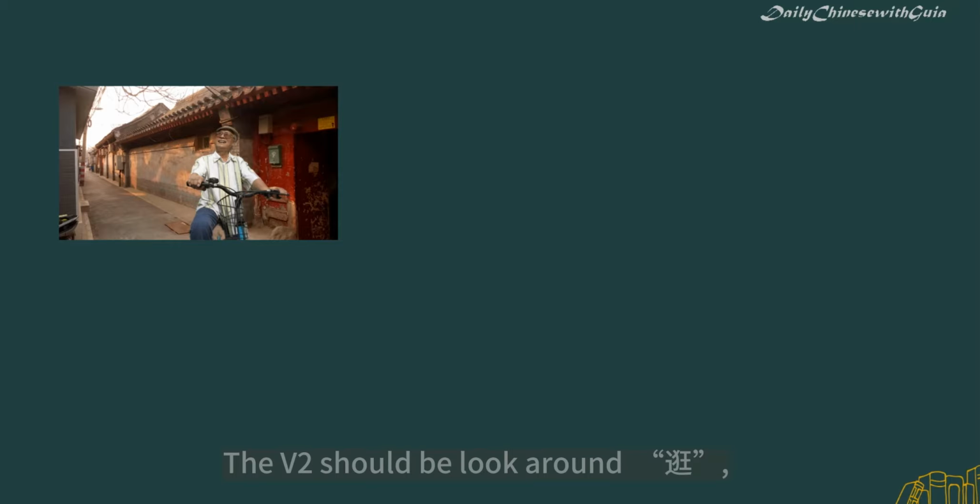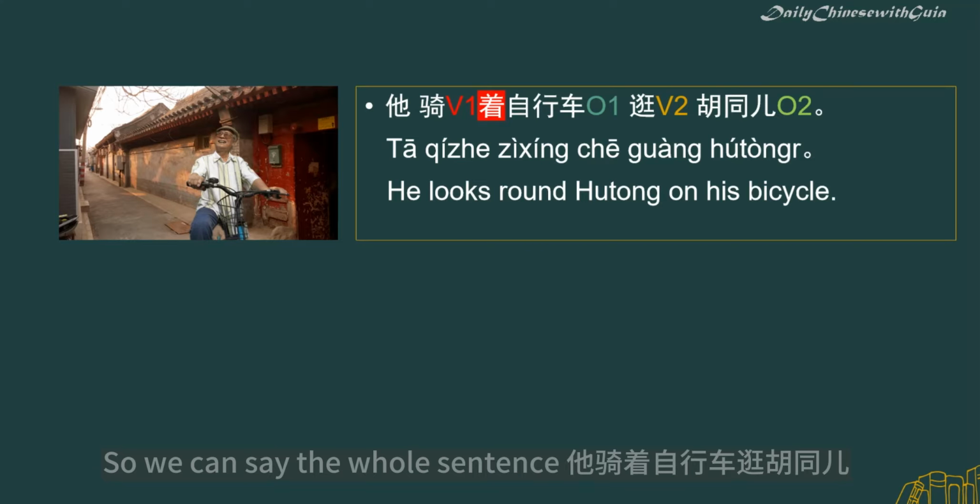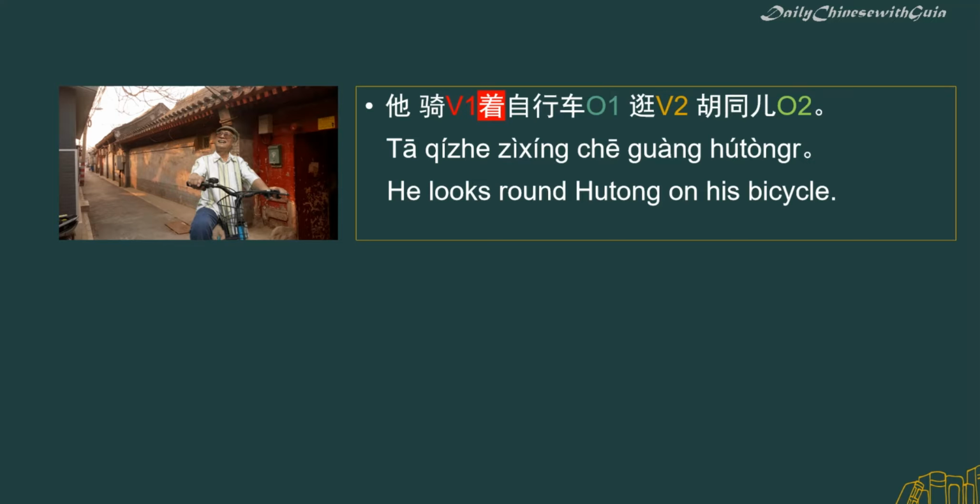The second verb should be look around. We can say 逛. And its object can be street, 街, market, 市场. In this case, we say 胡同. Okay? So we can say the whole sentence: 他骑着自行车逛胡同. Okay?